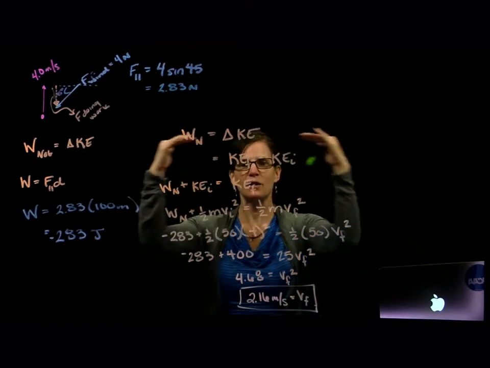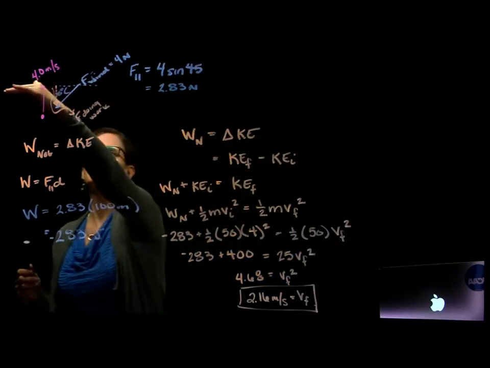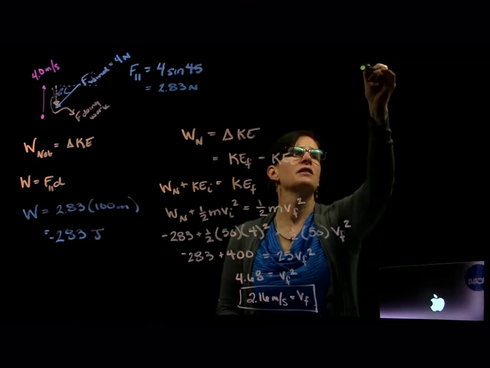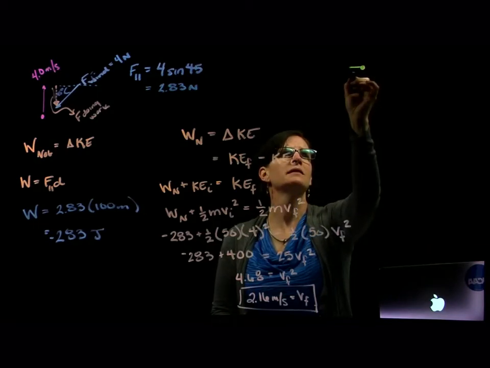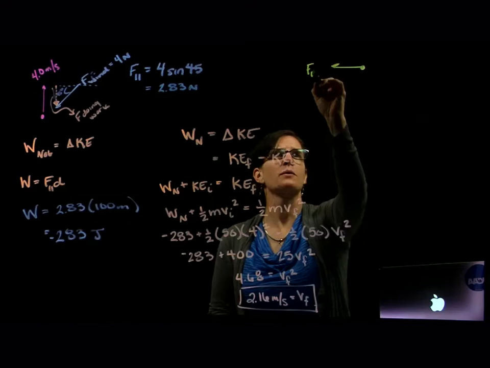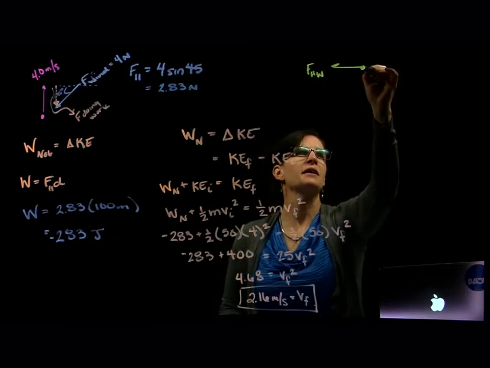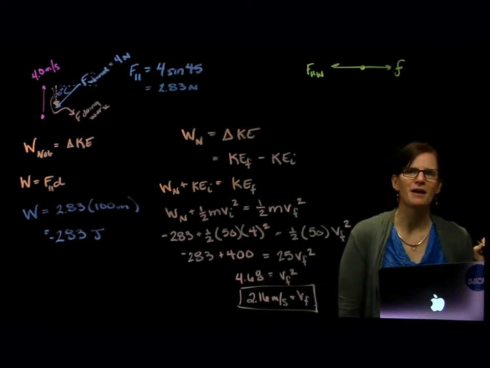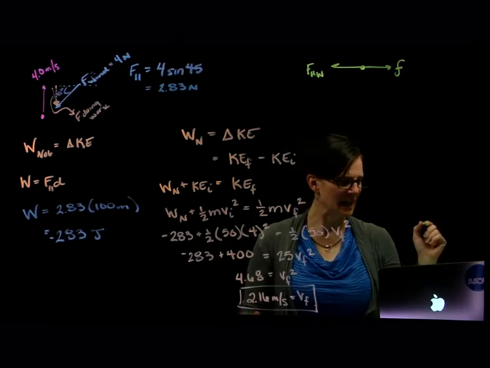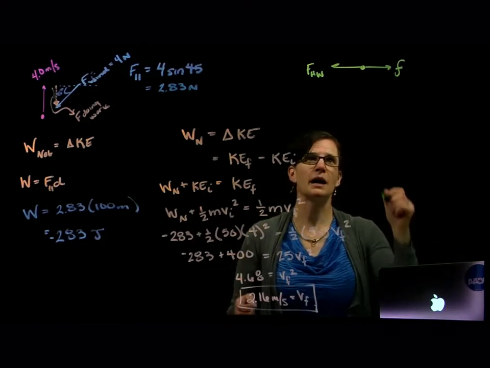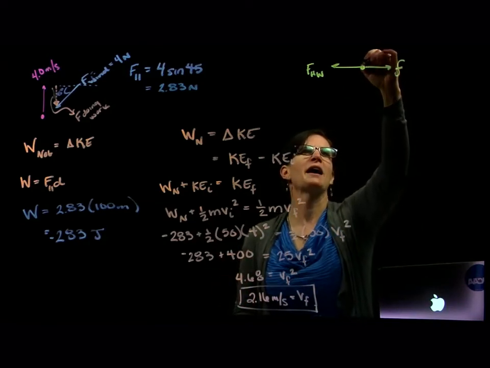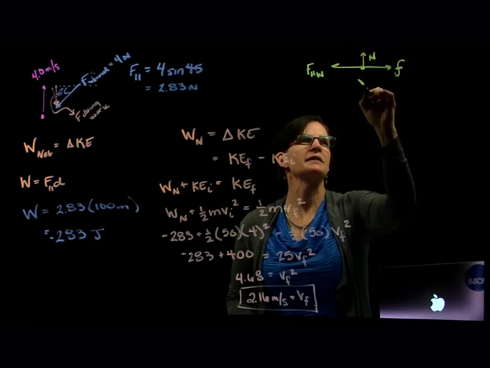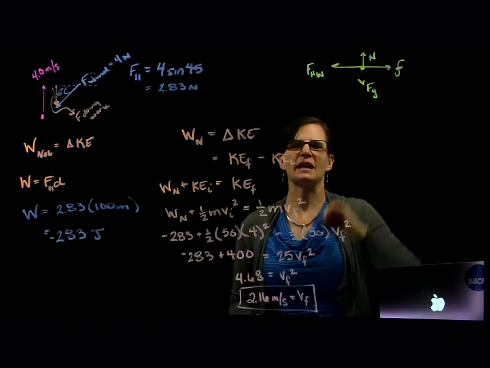So if we look at the horizontal forces acting on the skater, we know that we have the component of the force of the wind, and we have the frictional force. So we're going to look at this in terms of that force analysis. And then, of course, we have to have the normal force acting up on the skater and the force of gravity that acts down.